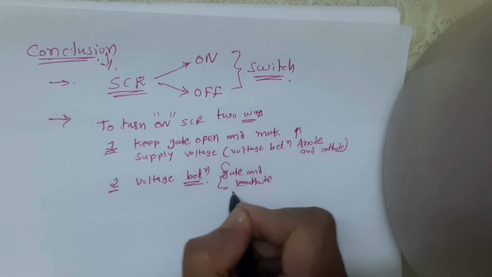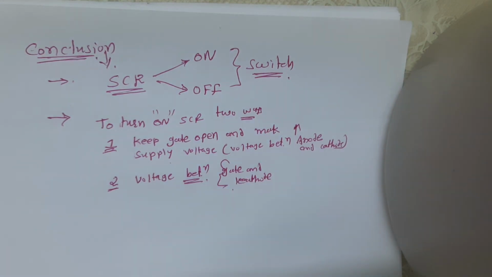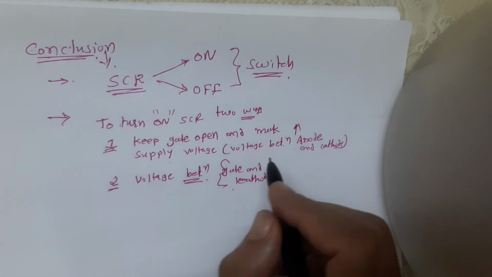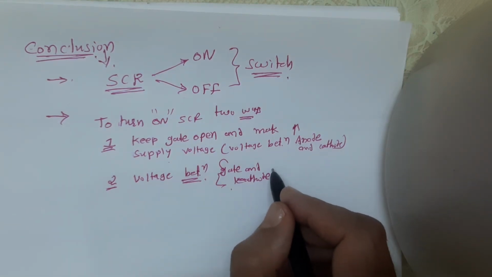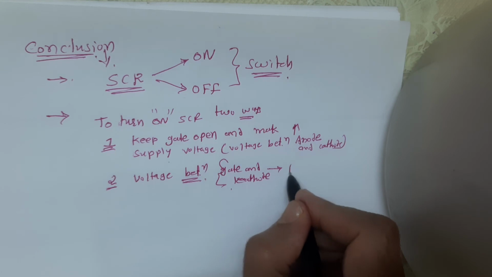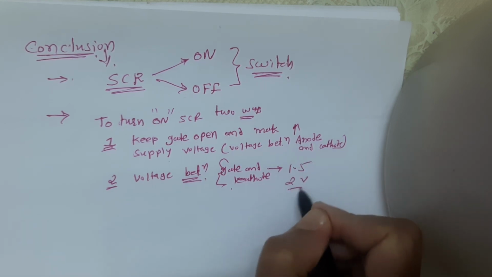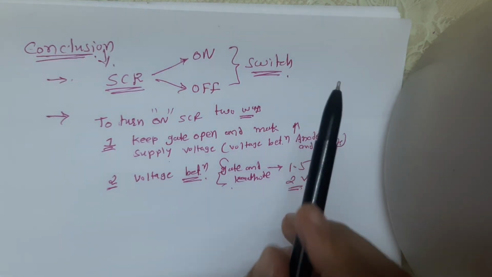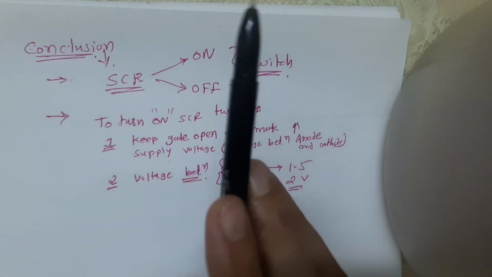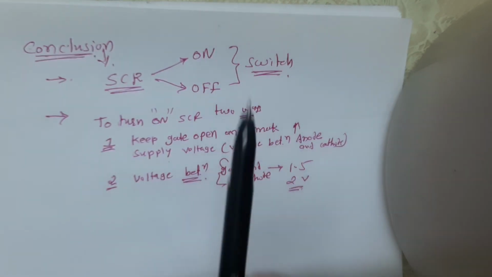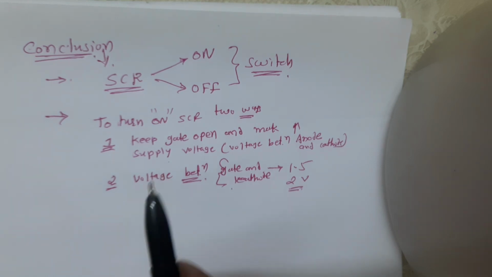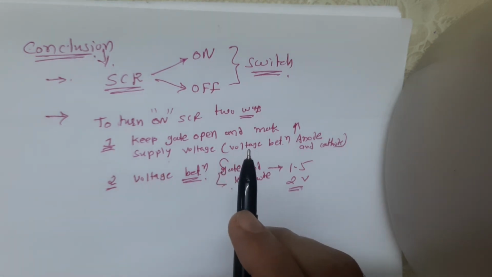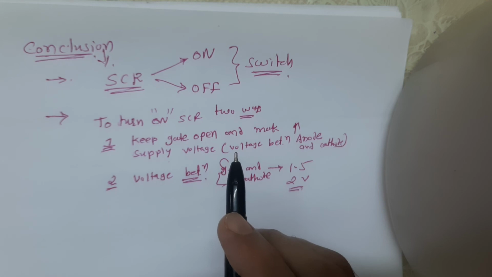That means the gate is connected with the cathode and there is some supply voltage, nearly 1.5 volt or 2 volt, right? Now when we increase the input voltage, that means voltage in between the anode and cathode, the SCR switches on very rapidly. This is the second way.